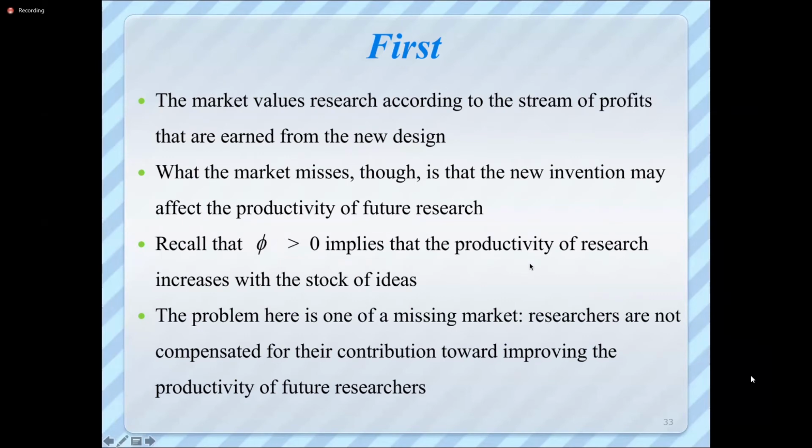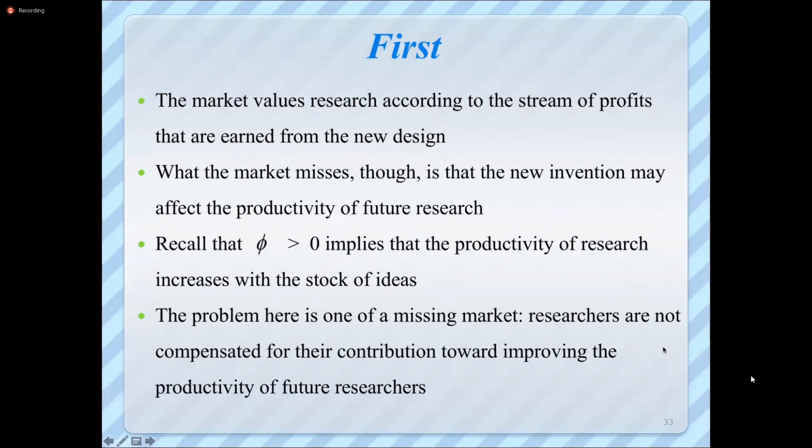Distortion 1 is related to standing on shoulders. What do we mean by standing on shoulders? The market values research according to the stream of profits that are earned from a new design. What the market does not measure, though, is that the new invention may affect the productivity of future research. Okay, recall that phi more than 0 implies that productivity of research increases with the stock of ideas. However, what is missing?